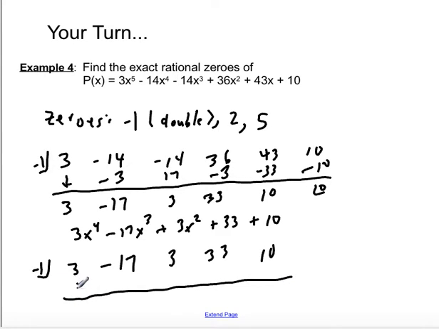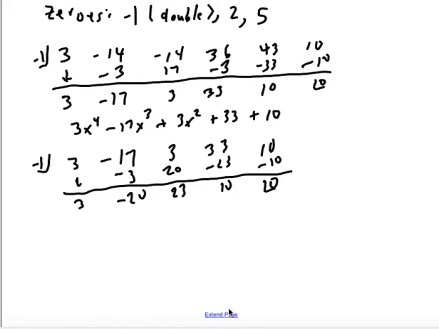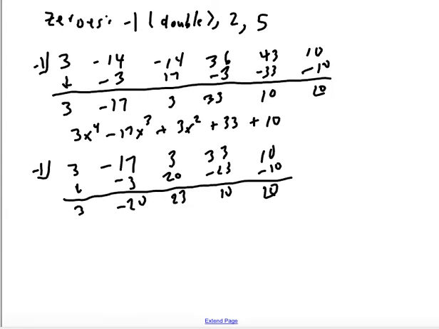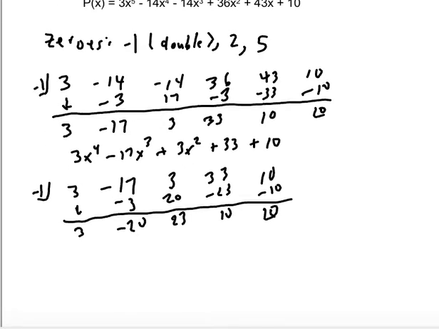So I can bring down the first number, multiply, add, multiply by what's in the box, add these together, and repeat. Alright, so definitely those two are zeros. We confirmed it because we used synthetic division and we got 0 for our remainder. So we know those are zeros.